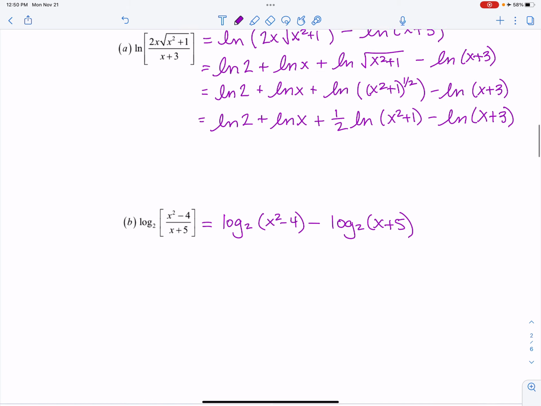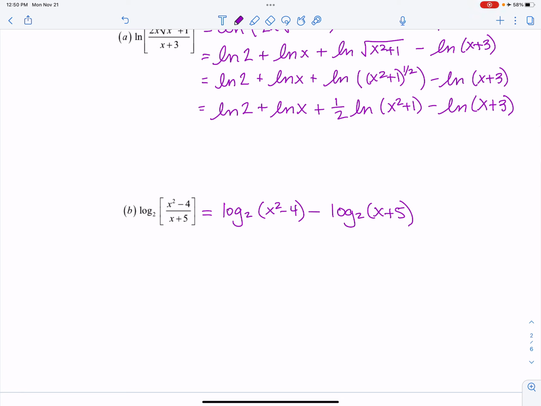Now, you might think we can't do anything else. Our properties don't say anything about adding and subtracting inside of a log. And if we weren't dealing with this guy right here, x squared minus 4, I'd agree with you. But because I know that x squared minus 4 can be rewritten, there's a few more steps we have.